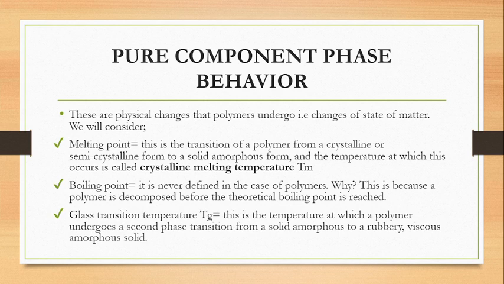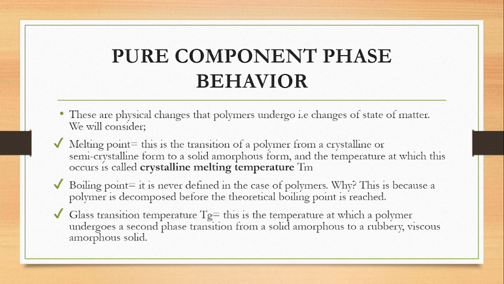The first change is from the crystalline or semi-crystalline to the amorphous form. That is what we call the melting of the polymer.